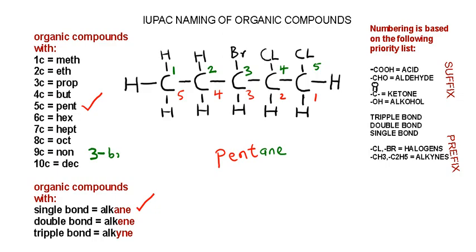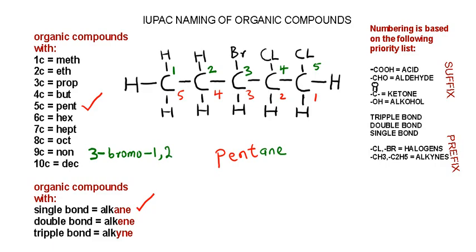Bromo. 3-bromo. Then you put your hyphen. The first chlorine here is attached to carbon number 1. So we have it as 1, comma. The second chlorine here is attached to carbon number 2. So we write it as 2.